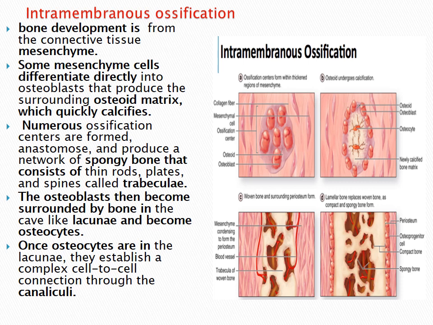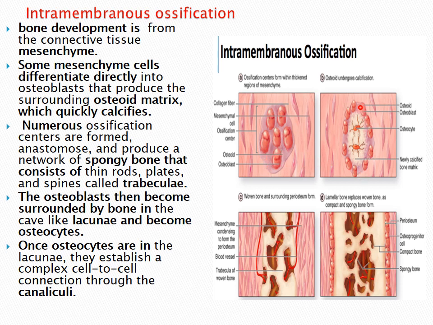The mesenchymal cells differentiate directly to osteoblast cells, and these osteoblast cells produce the extracellular matrix around them, and this extracellular matrix soon calcifies.